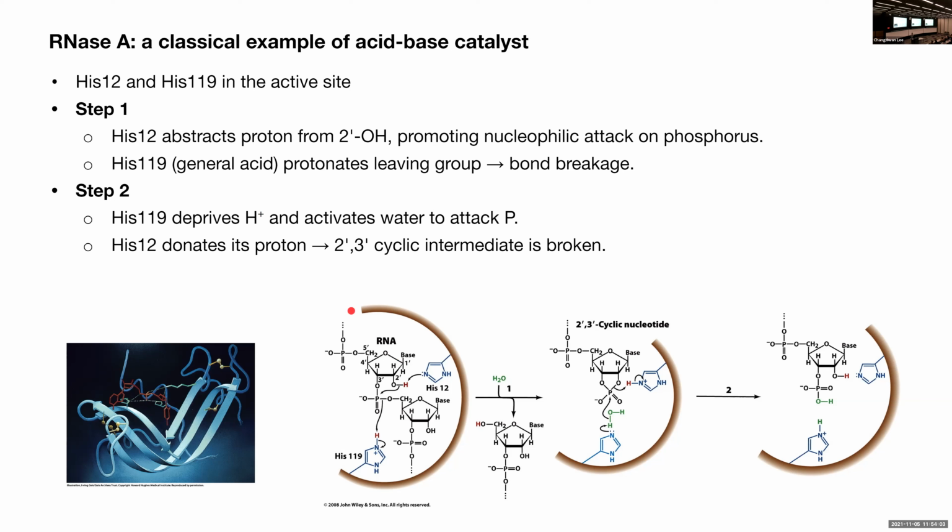When you look at the active cleft or the active site of this RNase, which is a pretty small and simple protein, it contains two histidines, which work as acid-base catalysts. When you look at the mechanism, here are the two histidines, histidine 12 and histidine 119.